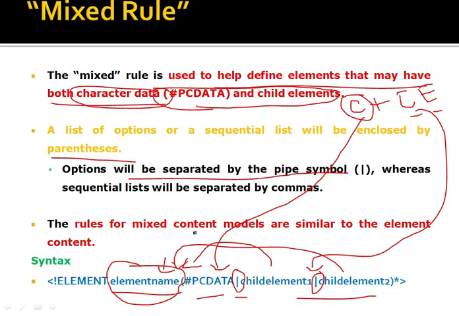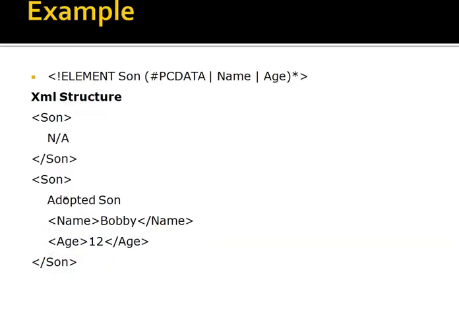So the rules for the mixed content model are similar to the element content. We'll take one example to understand how we can have this mixed rule. Look at this element. This is actually a root element. This element can have data, and the element also can have children. If you look at this first XML structure, this is actually XML5. First, the data of a son.